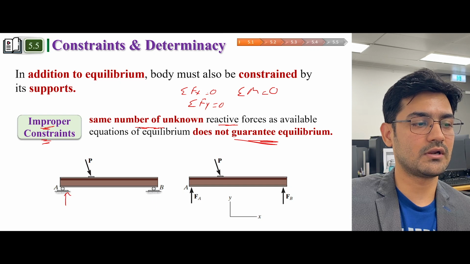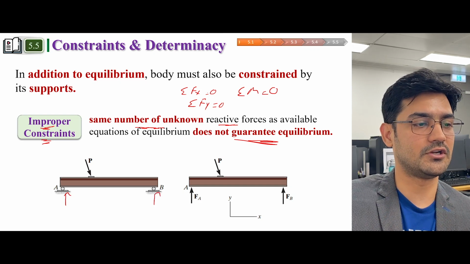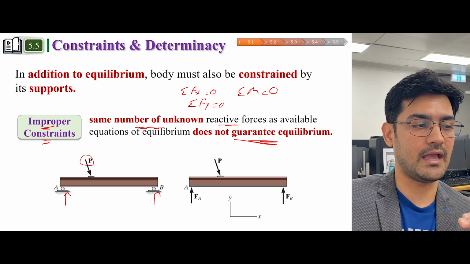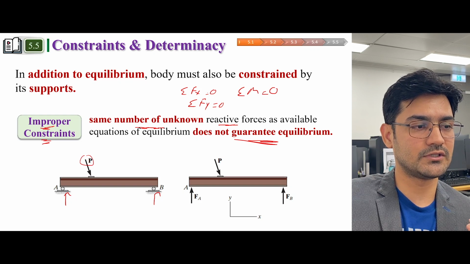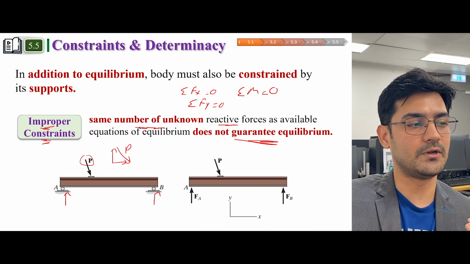A roller can only support vertical resistance, it cannot support horizontal resistance, and this force is applied at an inclined angle. So if you resolve this force into its components, you have one horizontal component and one vertical component.